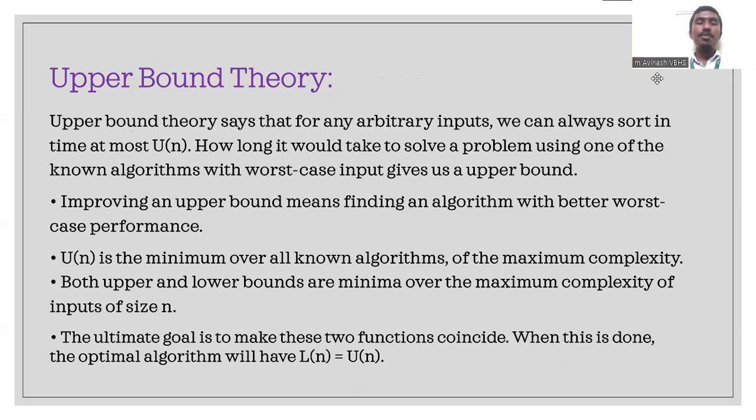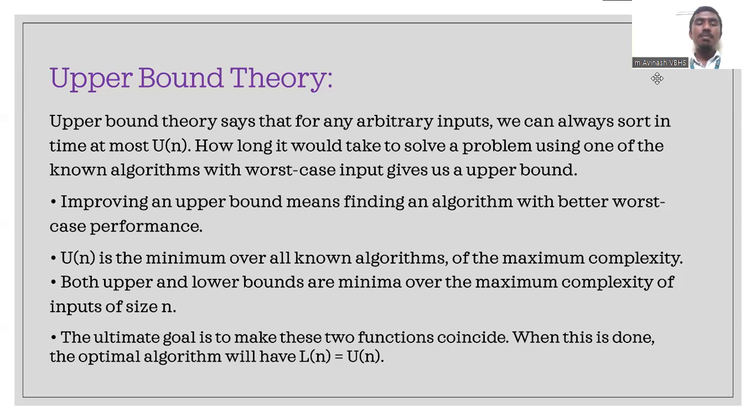Upper bound theory. Upper bound theory says that for an arbitrary input, we can always solve in time at most U of n. How long it would take to solve a problem using one of the known algorithms with worst case input gives the upper bound. Improving an upper bound means finding an algorithm with better worst case performance.